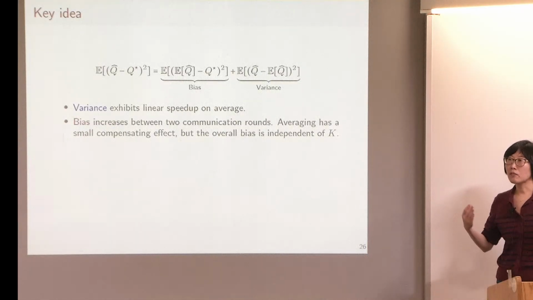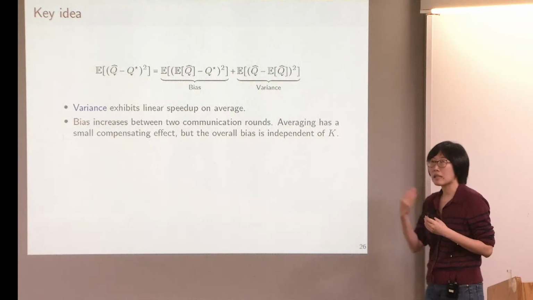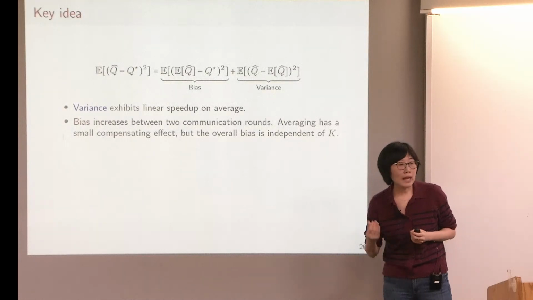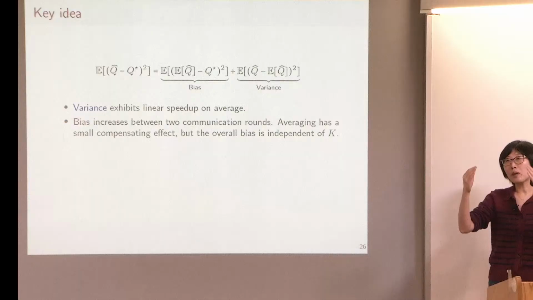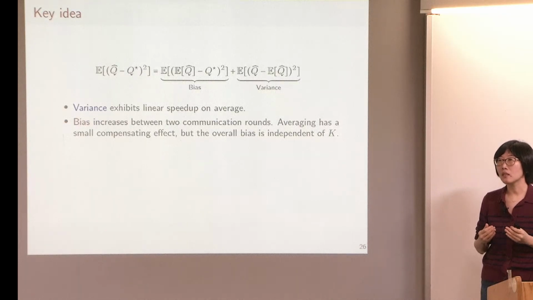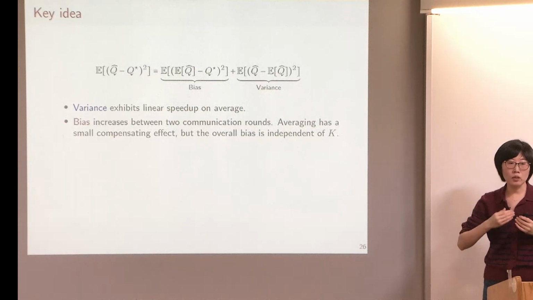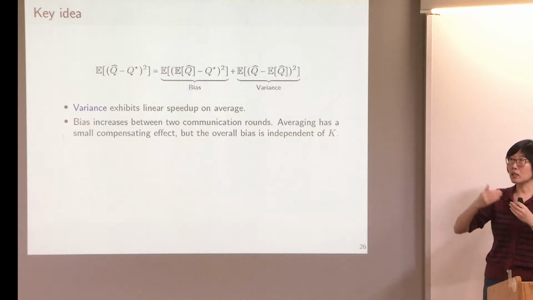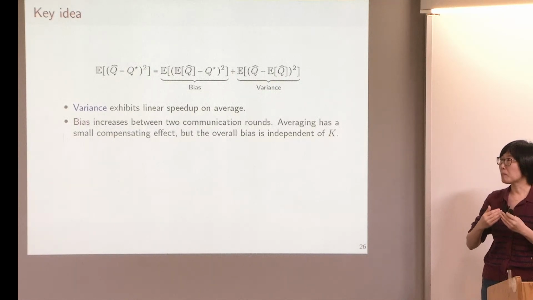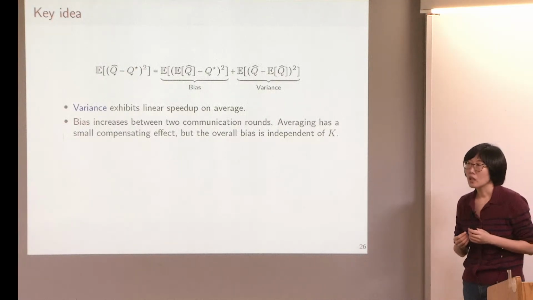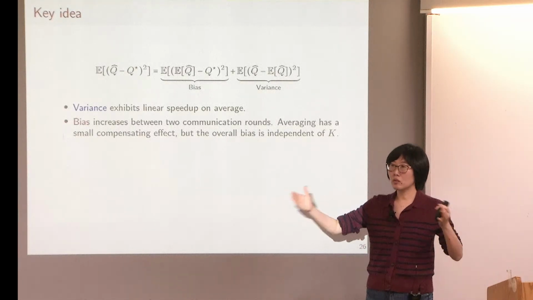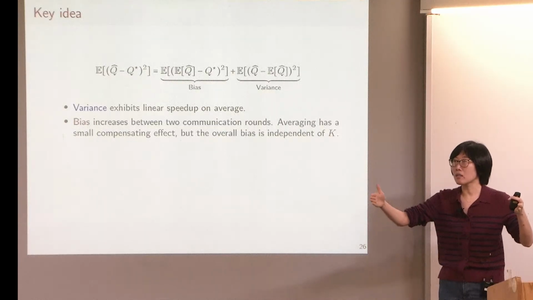So very nicely, the variance will enjoy linear speedup. But what happens with the bias is that as you start to do more local computation and make the gap between communication rounds longer, your bias will actually increase. And the increase is proportional to the number of local rounds you are doing.